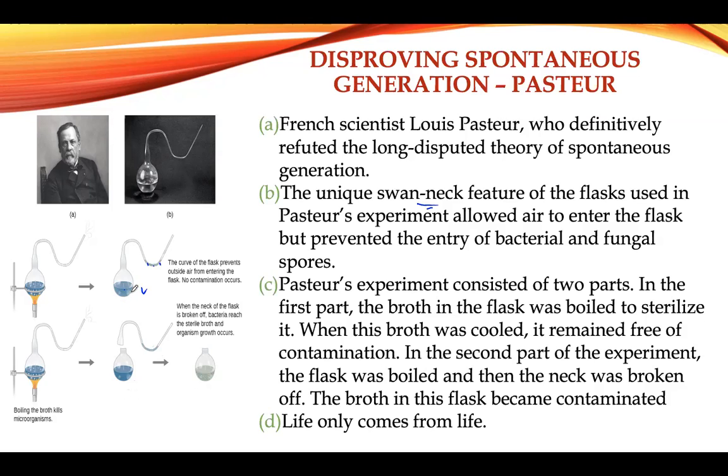It was really clean, and it was not cloudy at all. But this flask was completely cloudy. The broth inside this flask was cloudy. Why? Because microorganisms could come in with the air, but over here microorganisms couldn't go.